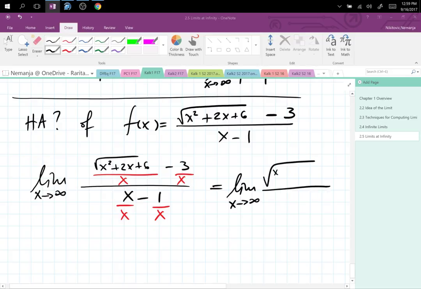So now it's x squared over x squared plus 2x over x squared plus 6 over x squared minus 3 over x, divided by 1 minus 1 over x.